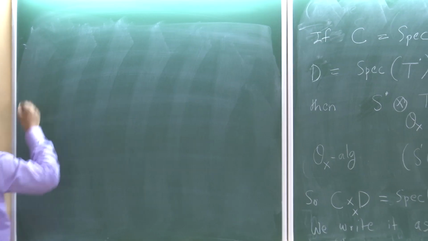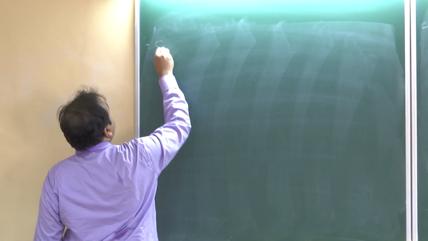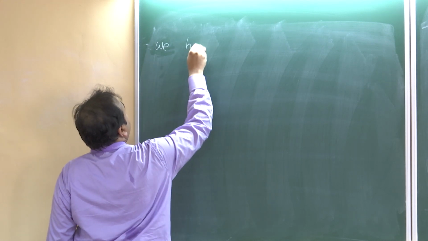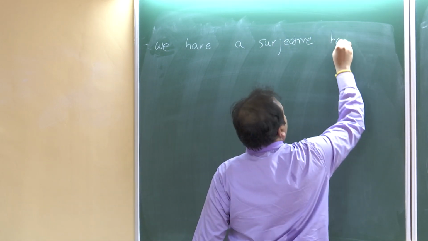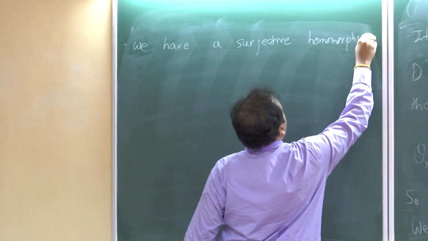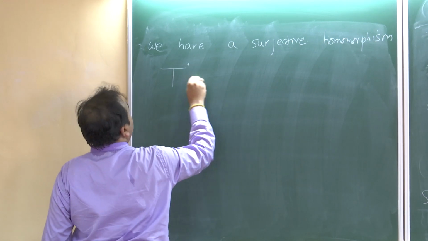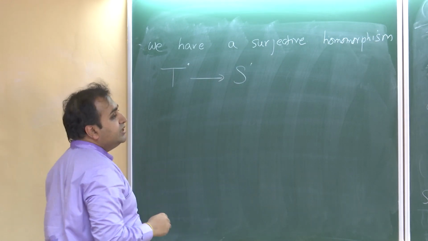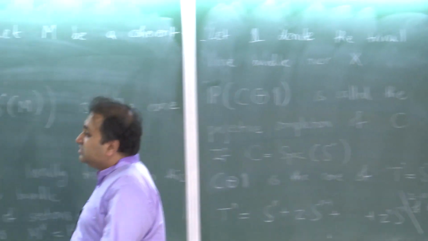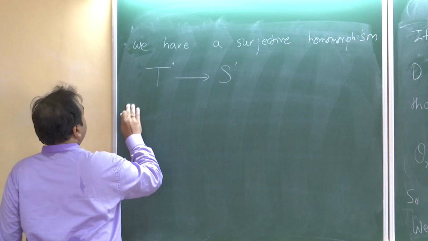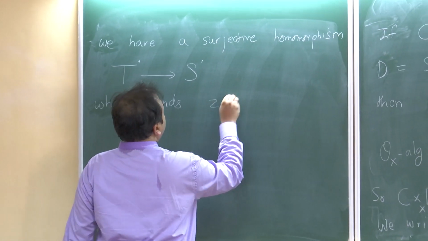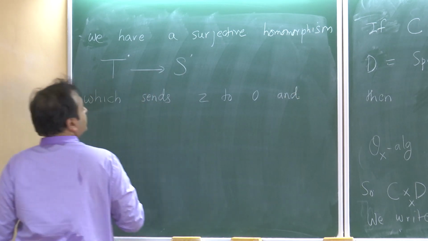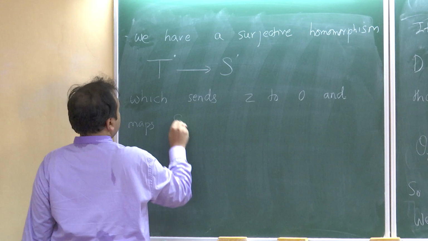So we have a surjective homomorphism from T to S, which basically sets Z equal to 0, sends Z to 0 and maps S_n to itself.